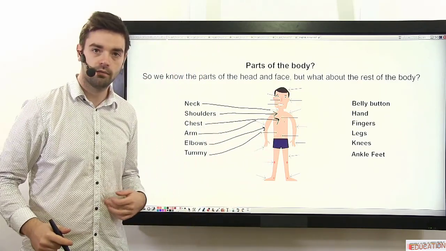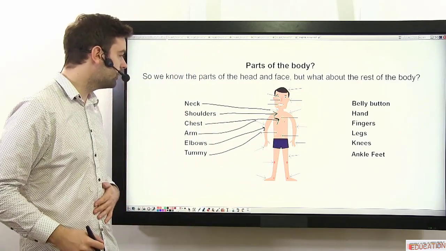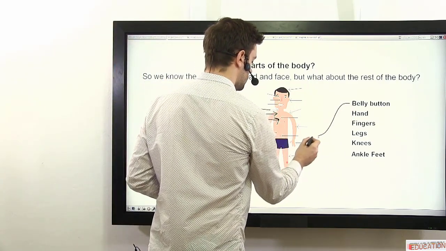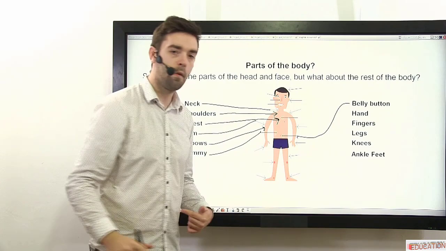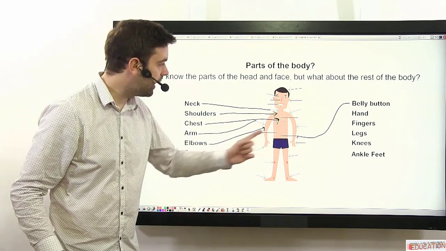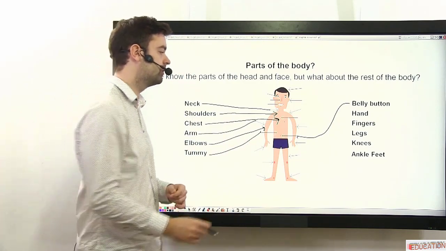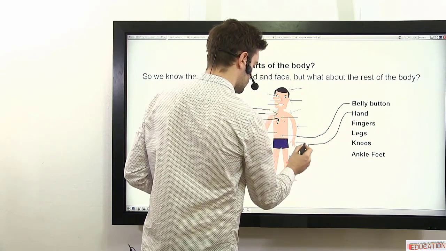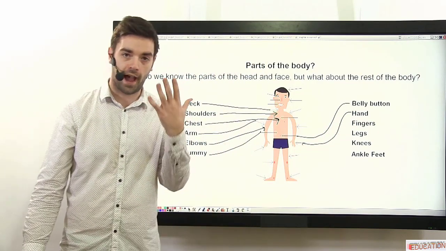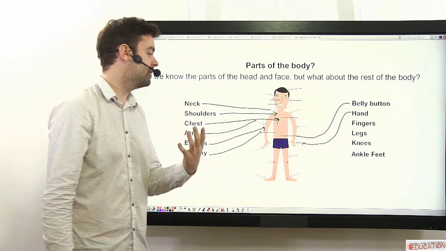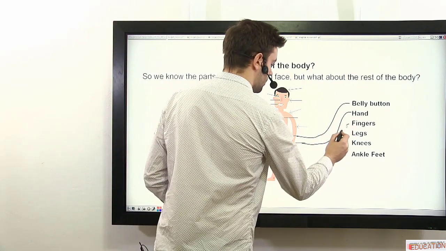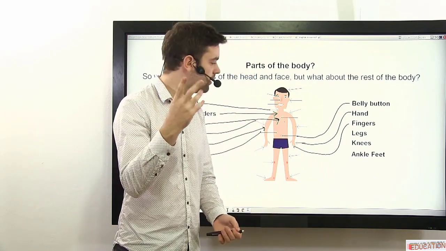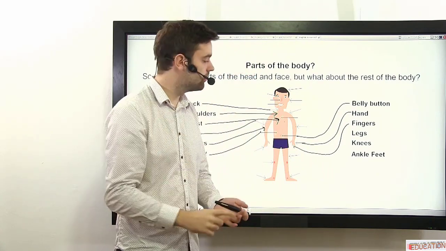The tummy. The belly button. The hand. The fingers.